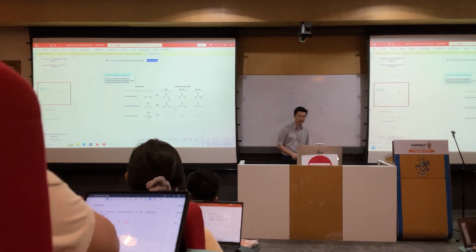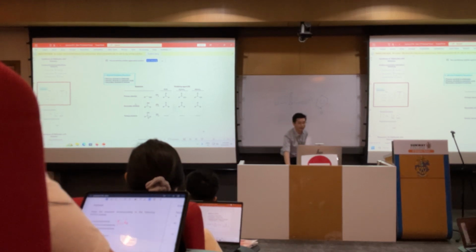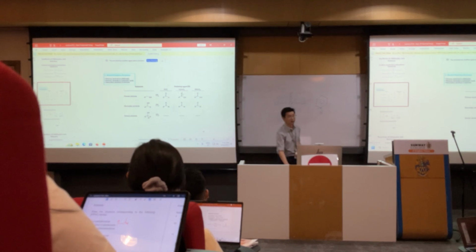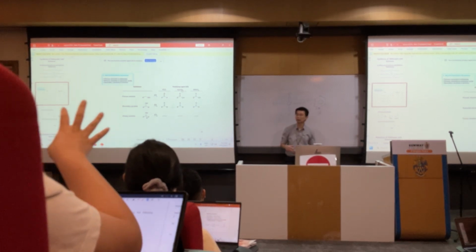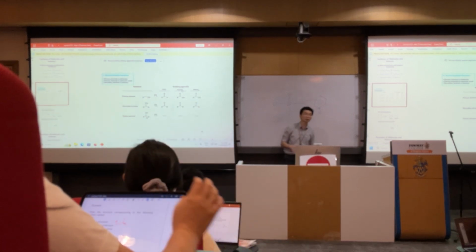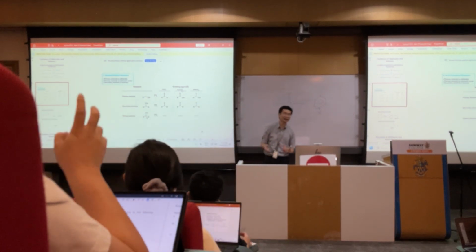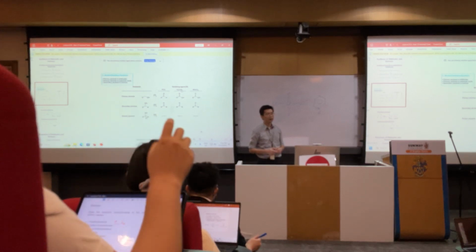Okay. So if we have a primary alcohol, with PCC it will be oxidized into aldehyde. If it's with CrO3, or in this case H2CrO4, it's the same. We call it a Jones reagent. It is a strong oxidizing agent which can oxidize primary alcohol into carboxylic acid.